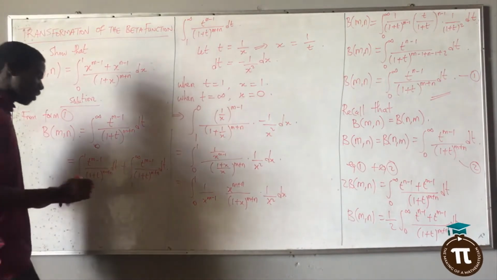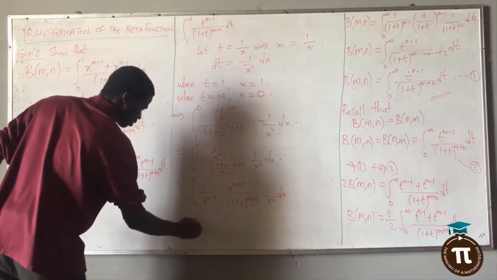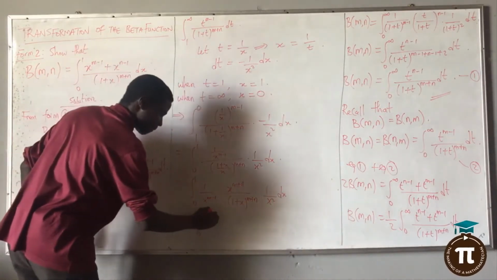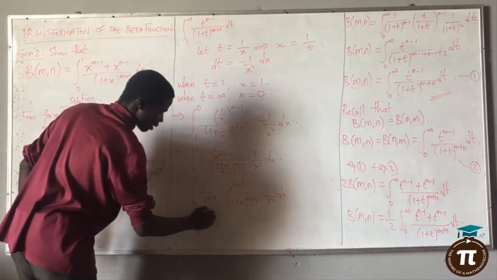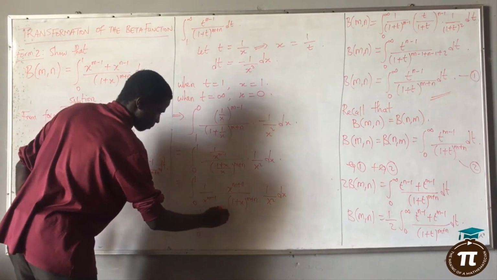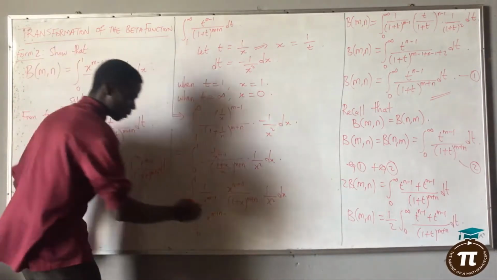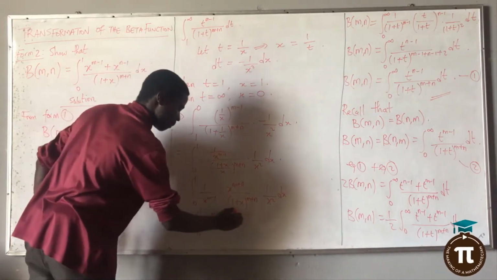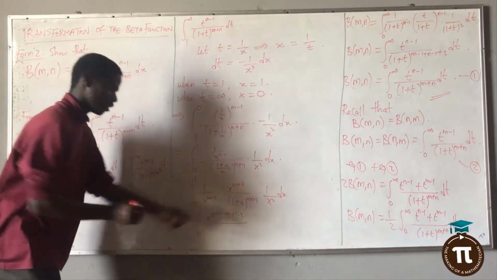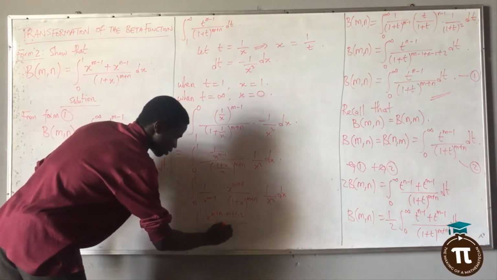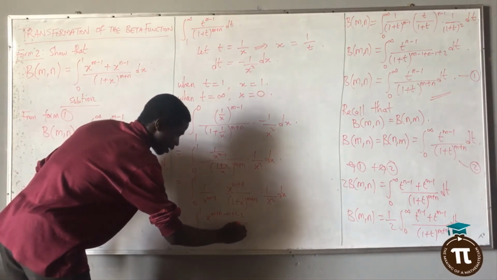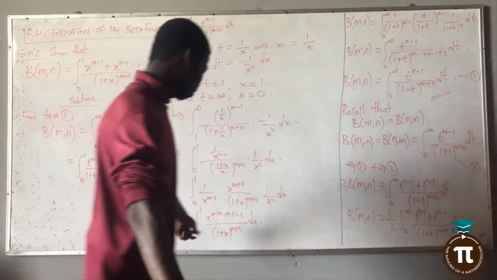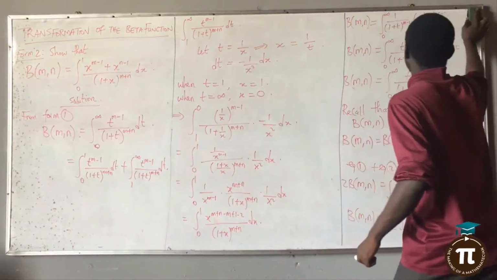So this becomes the integral from 0 to 1 of x raised to the power of m plus n minus m plus 1 minus 2, all over 1 plus x raised to the power of m plus n dx. That is what I'm going to have.